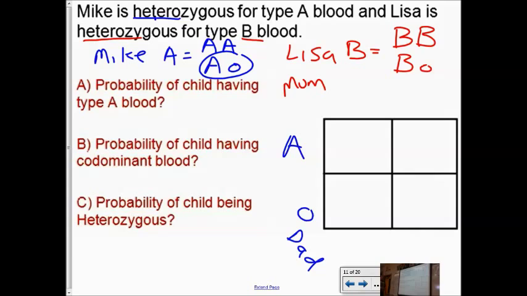AB is type AB. Which one is right for Lisa? It has to be this one, because it says hetero, and they have to be different. So we put her B here and the little o there. Go ahead and fill in the Punnett Square and see if you can come up with these percentages for me.